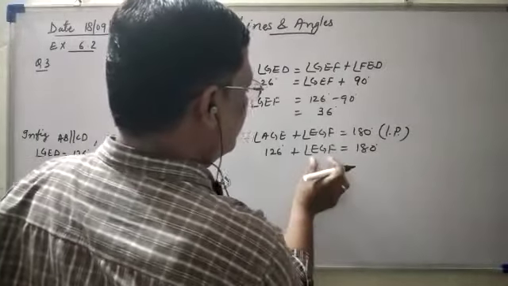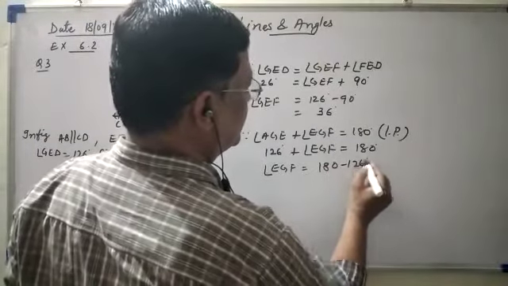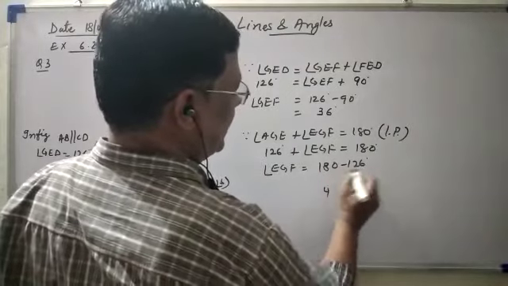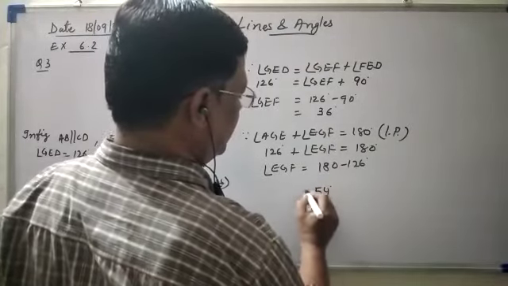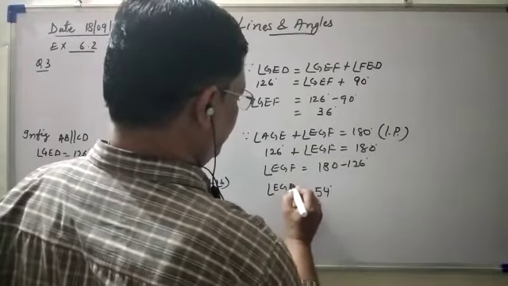For finding EGF, we subtract 126 from 180. So 10 minus 6 is 4, 17 minus 12 is 5, 54 degrees. So this way we can find all three angles, including EGF.